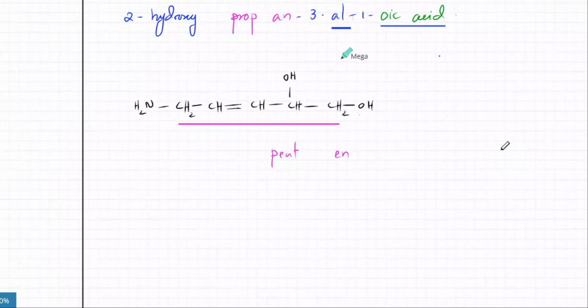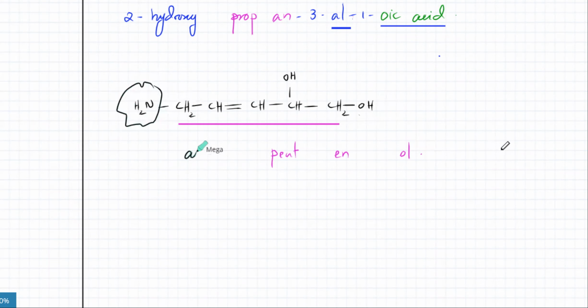So the main suffix in this case would be "ol". It remains "ol", because there's no one more important than OH in this molecule. And therefore the NH2 becomes a branch, and that would be called your amino branch.